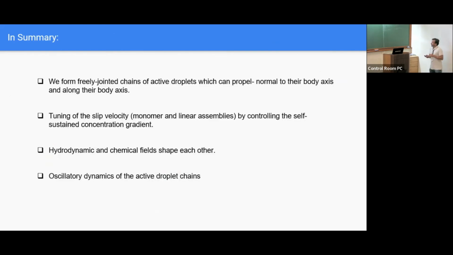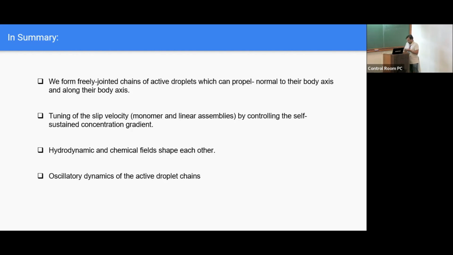So we create these freely jointed chains of active droplets, which can propel both perpendicular to their body axis as well as along their body axis, and we can tune the slip velocity by controlling the concentration of filled micelles. We show that hydrodynamic and chemical fields shape each other, and we observe these oscillatory dynamics of the active droplets.